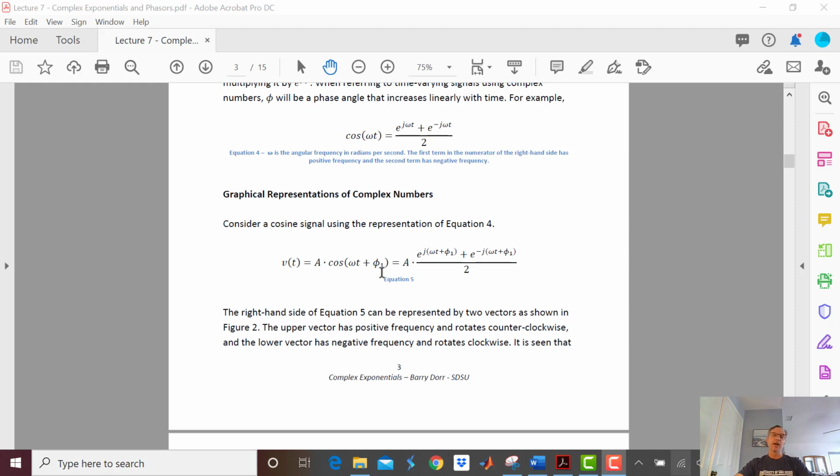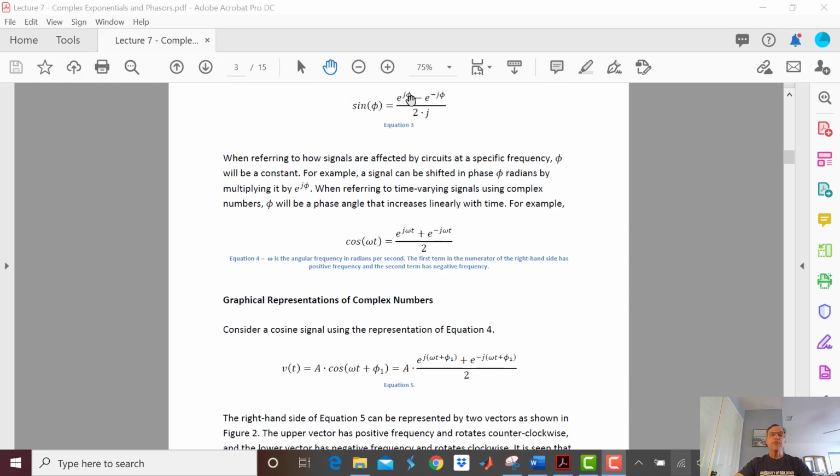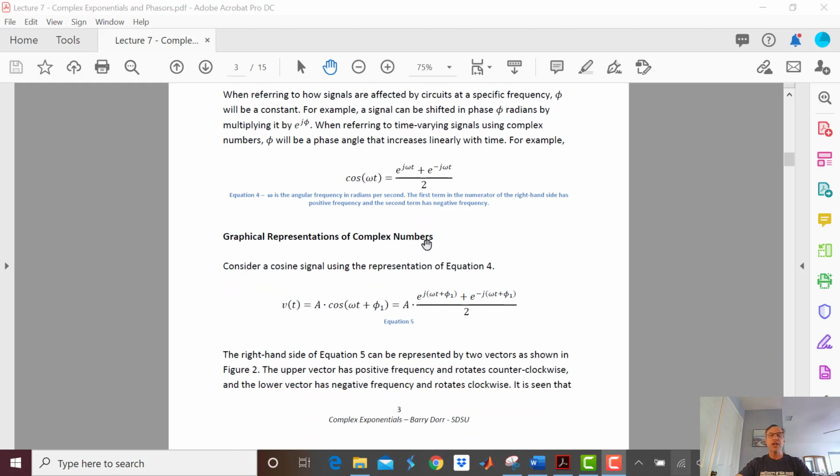So I'm going to use the Euler identity, and first I'm going to multiply my signal by A, but then I'm going to replace that cosine with the Euler identity. And my phi, which we called omega t down here, now I'm going to generalize even more and say it's omega t plus this constant phase, as shown right here.